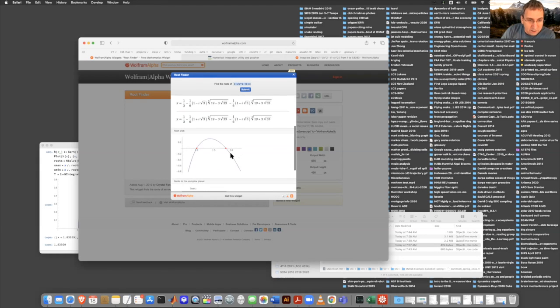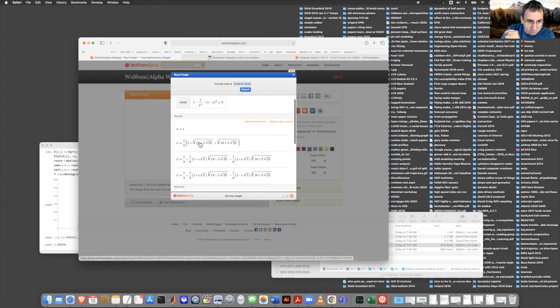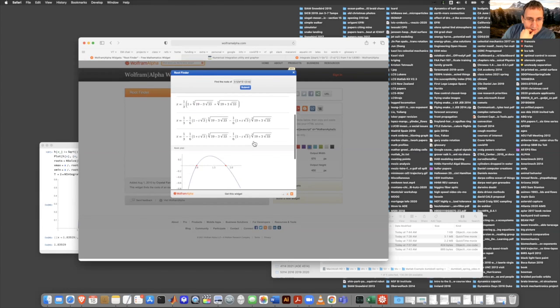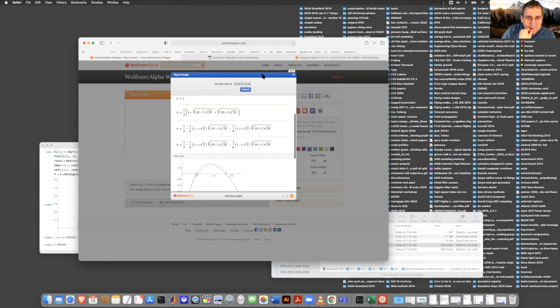Here's the plot of that function f of R. It's got two roots: something around 1, so 1 meter, and the other around 1.8. If I write the approximate form, it's something close to 1.8. I don't know why this is not smart enough to do that.